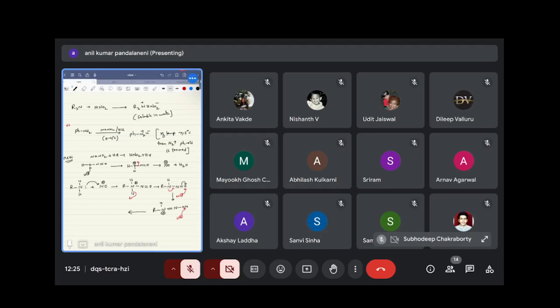Convert into H2O. Therefore, now here R, N, H double bond NOH2 is there. Now you can guess the next step. Water is the leaving group. Proton will leave, and you will get N triple bond, and R, N triple bond N will be formed.